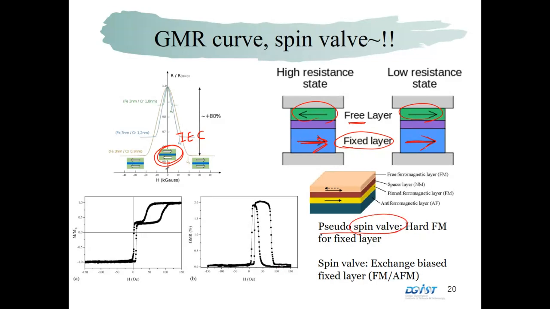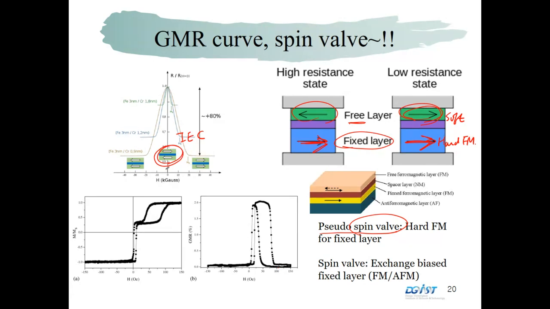In that case, we made the hard ferromagnetic layer, so it has a large magnetic anisotropy and can resist the external field, while the free layer is designed with a soft ferromagnetic layer, so it can be easily switched by the external magnetic field.